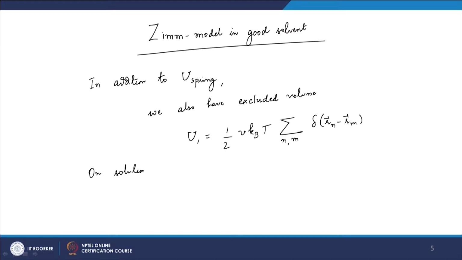So, on solution we will get something like this, where now zeta naught inverse is now proportional to nu, where nu is like 3/5 for self-avoiding walk and so on.